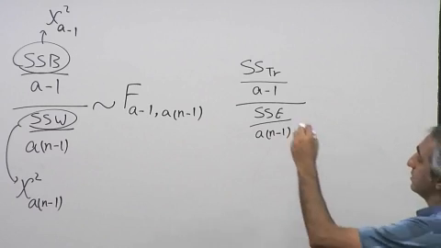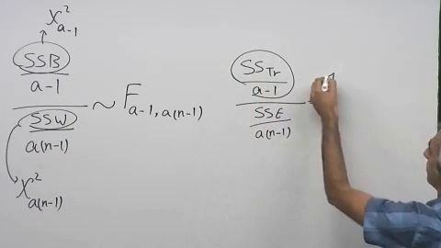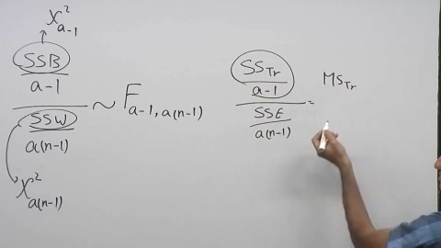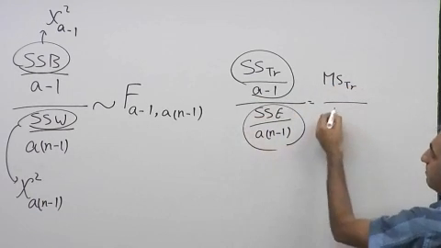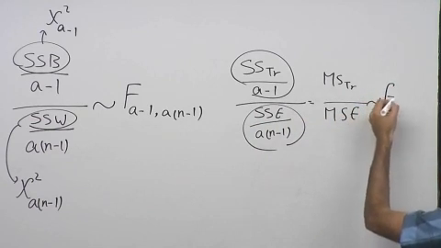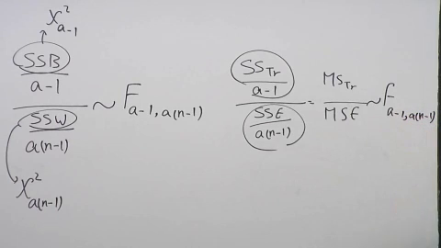Okay. Then what they call this guy is mean square treatment. And this is called mean square error, and the ratio follows an F distribution with A minus 1, A times n minus 1 degrees of freedom. So that's the definition of mean square.